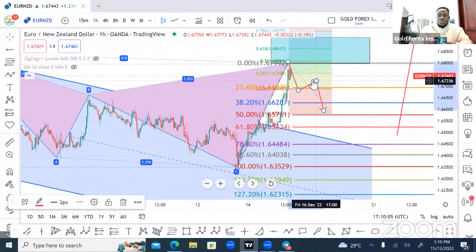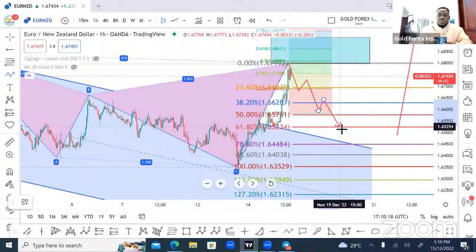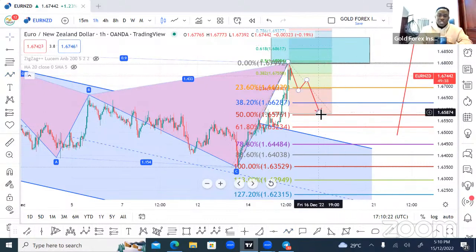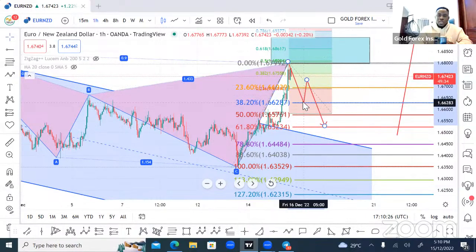Okay, then it will go. So it depends on the kind of correction that is forming. That will determine where it's coming to.